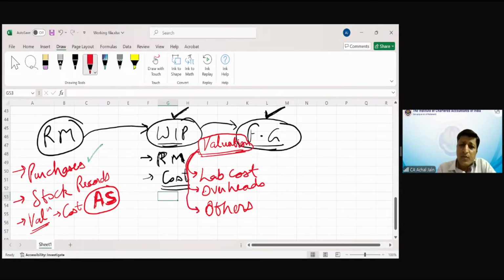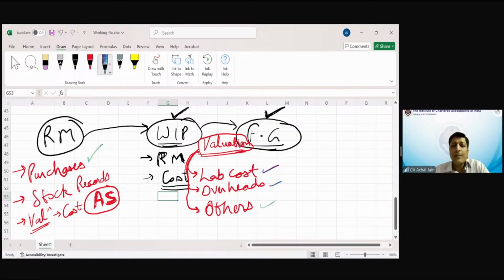So now, in terms of this valuation, there are a couple of things. One, whether some of these cost components should they actually be loaded to the cost of inventory or not? Number one. And if yes, then what should be their amount?